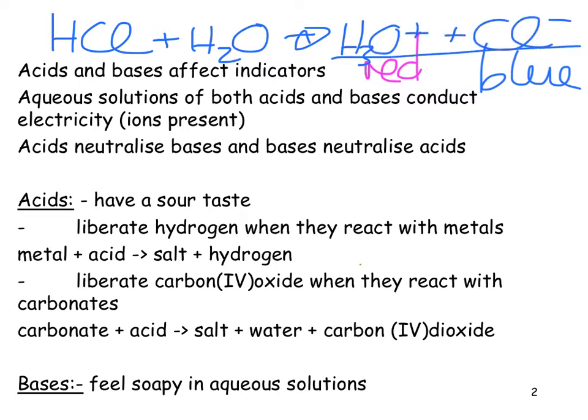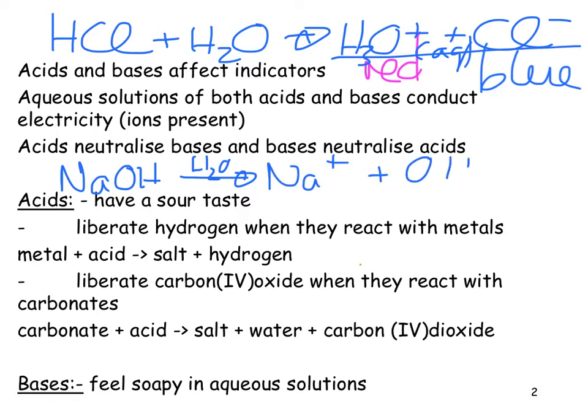Those ions are in aqueous solution and are therefore free to move. Also, if I were to take something like sodium hydroxide and put that into water, it's going to turn into Na+ ions and OH- ions in aqueous solution, and therefore you're going to land up with ions again that are able to conduct electricity.